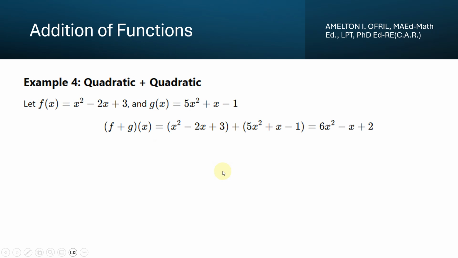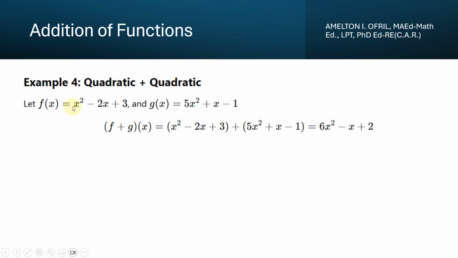In general, we can only add the same kind of function by its concept: like constant plus constant, we can add it literally, linear plus linear, and quadratic plus quadratic. And if the given is a linear plus quadratic, we can add the constants, but in the context of their exponent, we cannot.